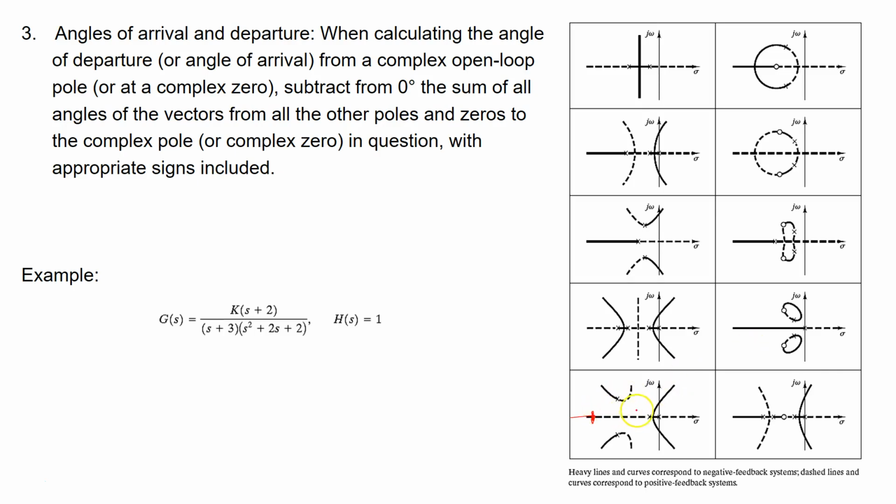Because if I count how many real poles and zeros are to the right hand side of it, as I said, the complex ones don't count. So I have what? 1 and 2. So to the right side of this point there are 2 total poles and zeros, so it does not belong to our locus if the feedback is negative. But if the point is here between the two poles, then to the right side of it there is only 1 total, so it belongs.